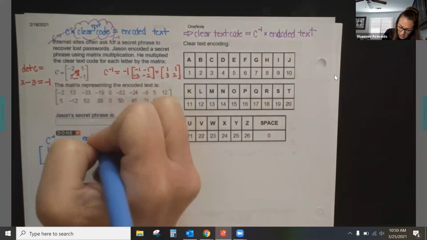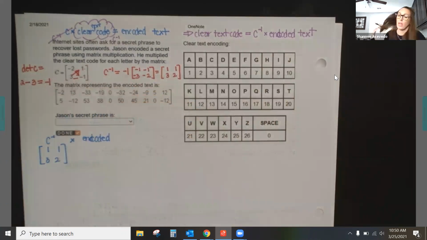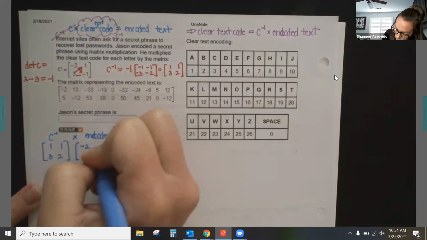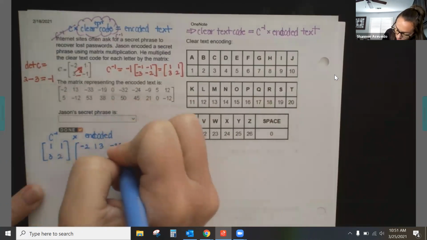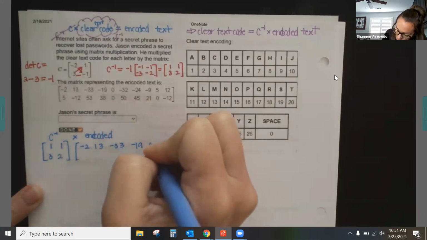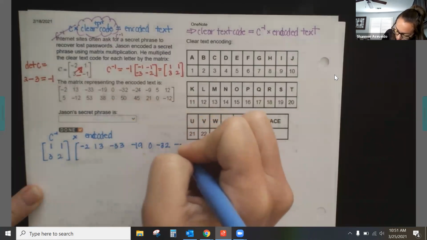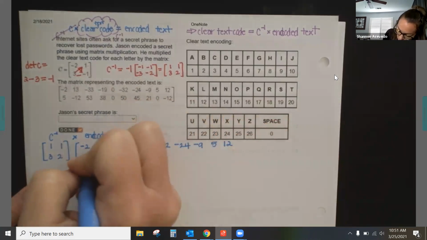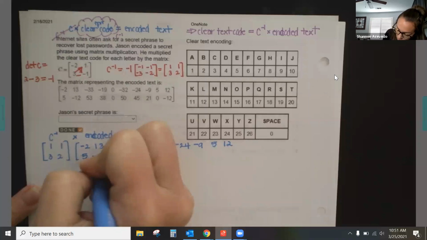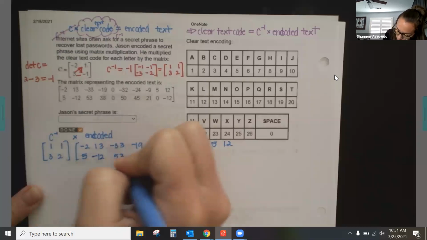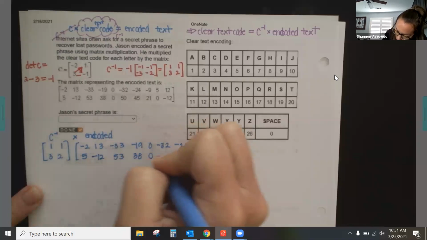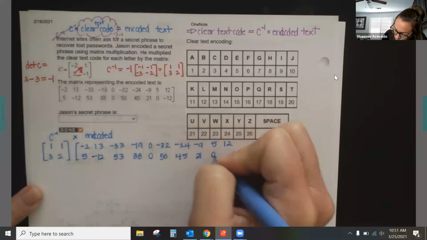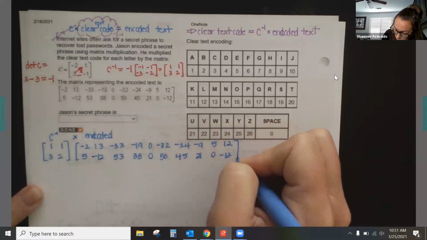That encoded text was -2, 13, -33, -19, 0, -32, -24, -9, 5, 12. My second row is 5, -12, 53, 38, 0, 50, 45, 21, 0, and -12.